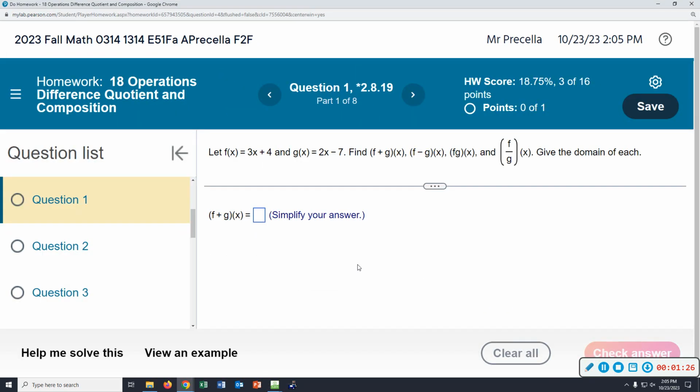They give us two functions. They give us the function f of x is equal to 3x plus 4. And g of x is the function 2x minus 7.